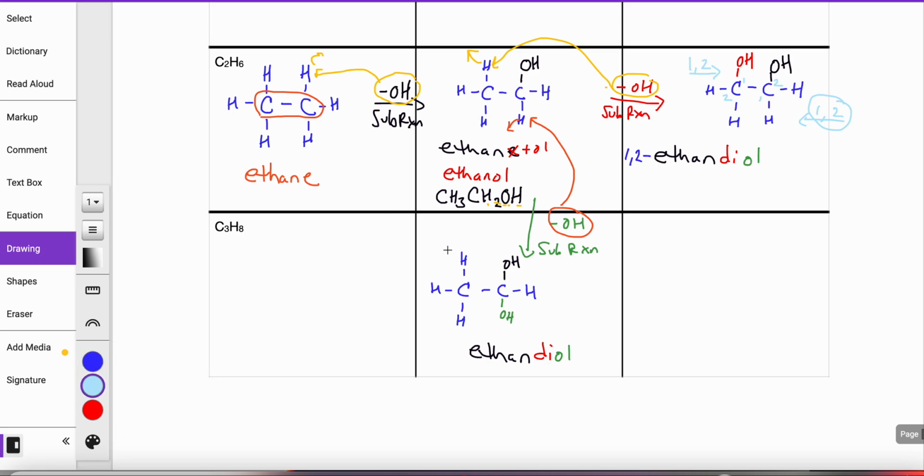When we come down and look at our other example here, number your carbons left to right. When we look at this left to right, the black OH is on carbon 2. The green OH is also on carbon 2. Renumber your carbons right back to the left.